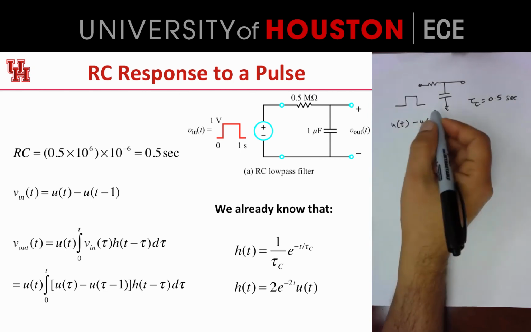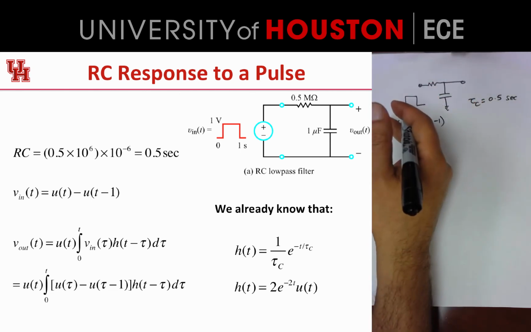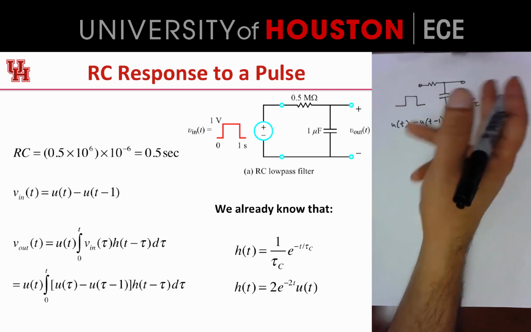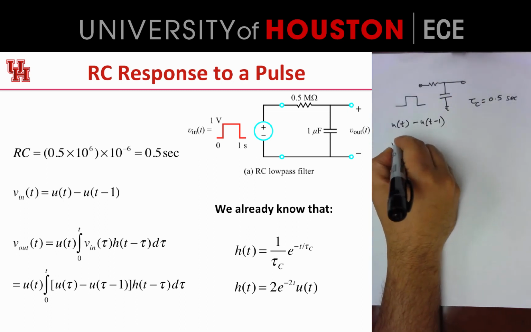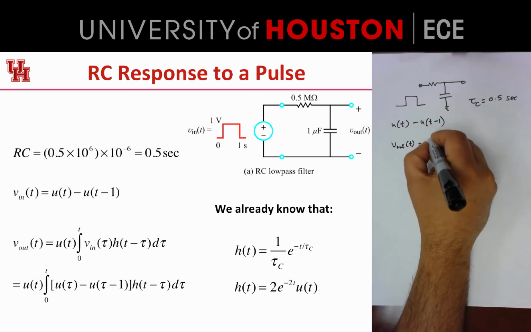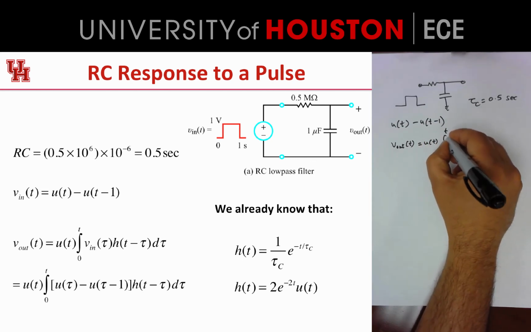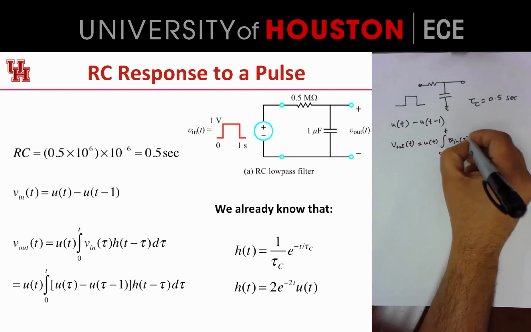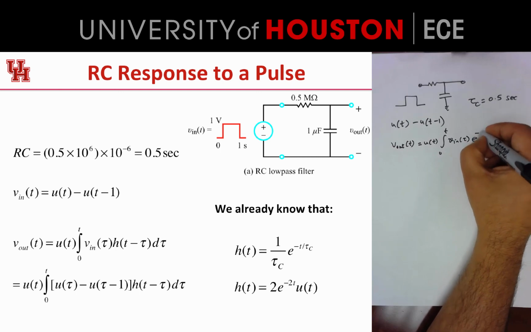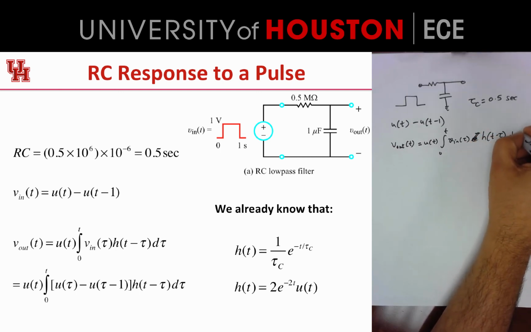In this case, we know the impulse response. We can reuse it, put that to use. Let's do that. So V out of t is going to be u of t, integral from 0 to t, V in of tau times h of t minus tau d tau.